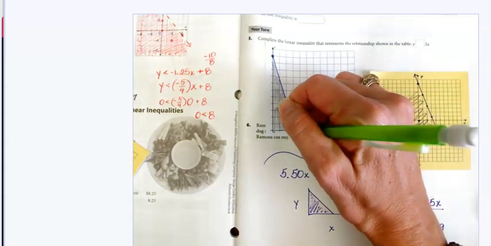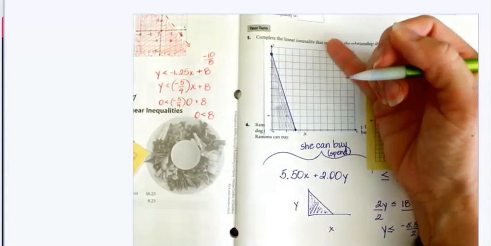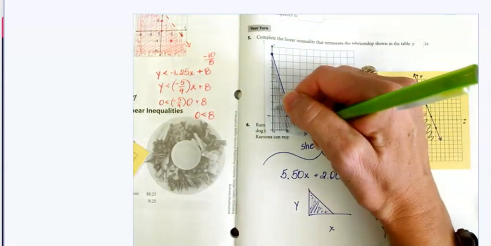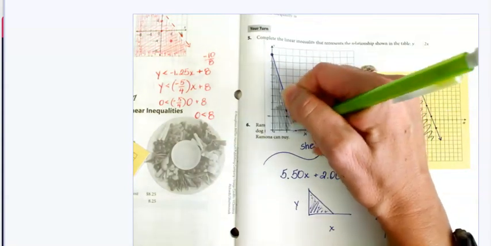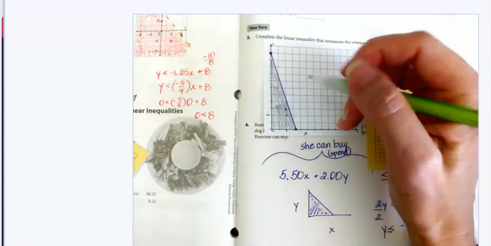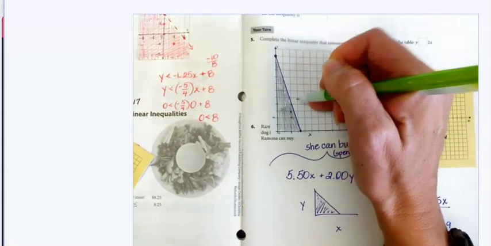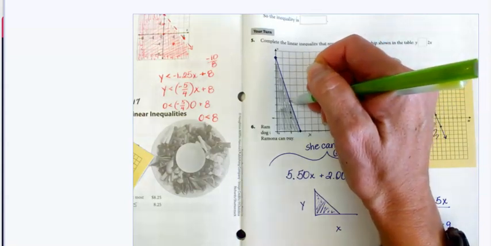Like I could buy 2 bags of dog food and 2 cans. I mean, I can afford that. I can buy 2 bags of dog food and 3 cans. I can buy 2 bags of dog food and 4 cans. Or no, that's 5 cans. No, it's 4 cans.